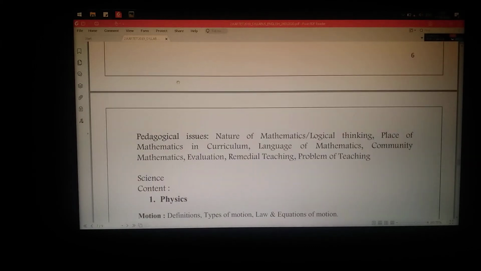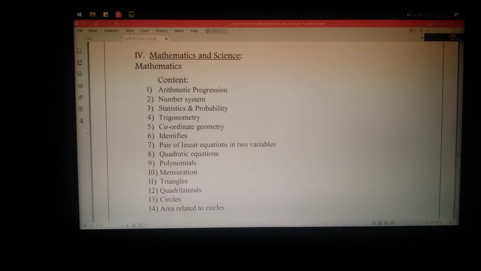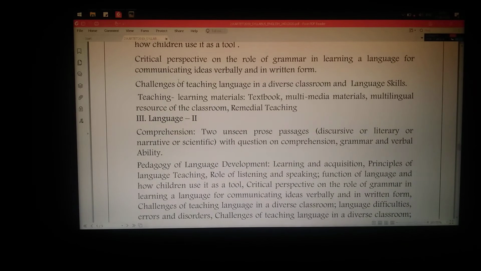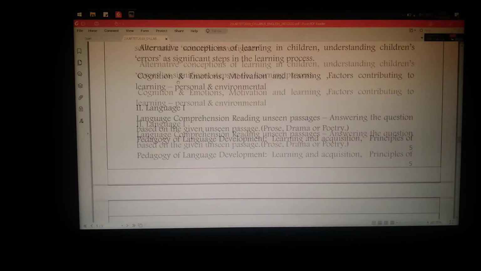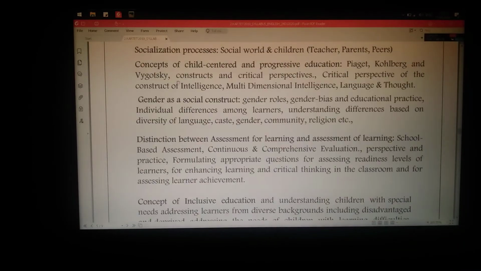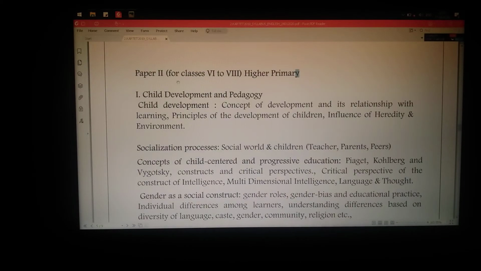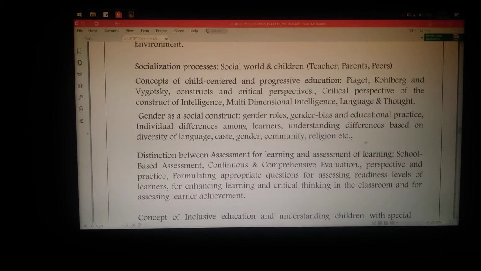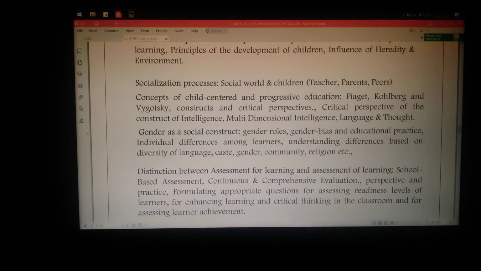Same pattern, same pedagogy as you studied in class 1 to 5. Same pedagogical issues here also. Concept of heredity. Next is socialization process. Concept of Vygotsky, same.